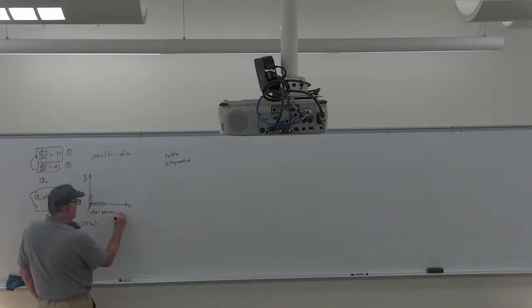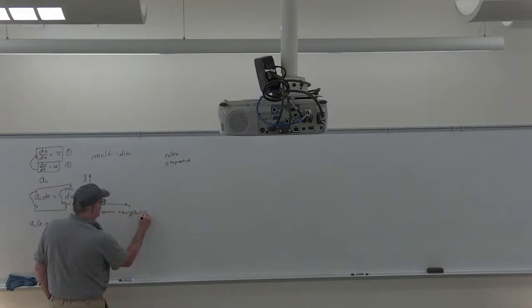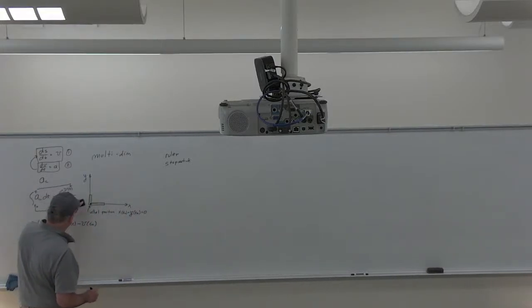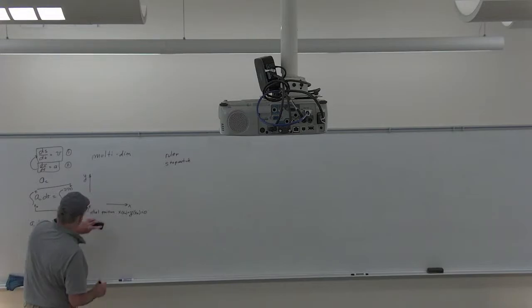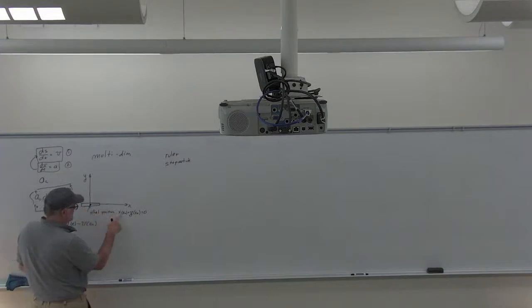That's going to give me x at time equals 0 and y at time equals 0 equal to 0. Now I could do this foolishly. You can have my coordinate system. Here's my initial position, and I'll put my ruler here. If I do that, the initial position is not 0, it's some other location.